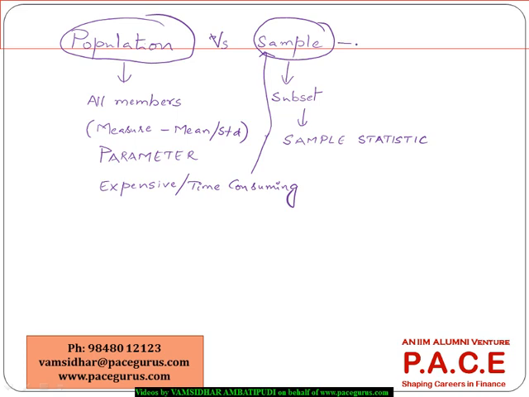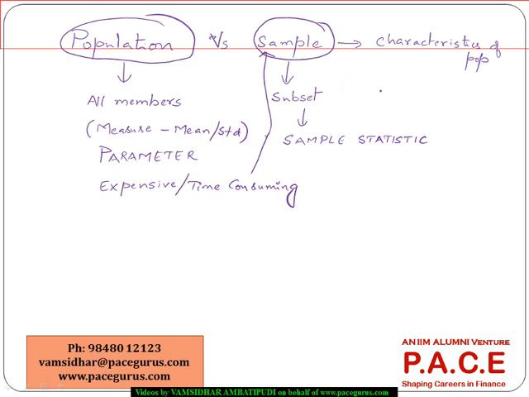But the sample needs to be chosen in such a way that it is a good representation, or has almost all the characteristics of the population. That is one thing which needs to be looked at. There are different kinds of sampling methods which I will deal with in later sessions.